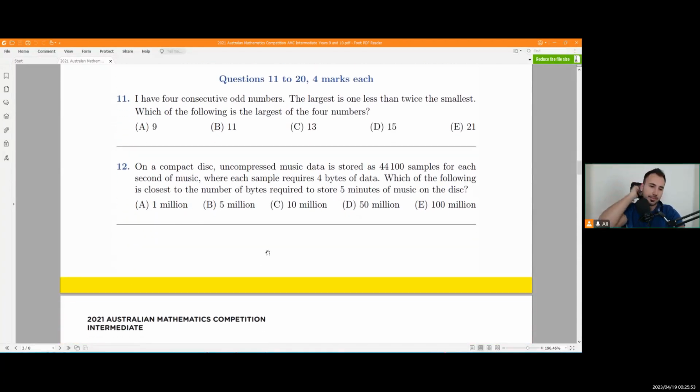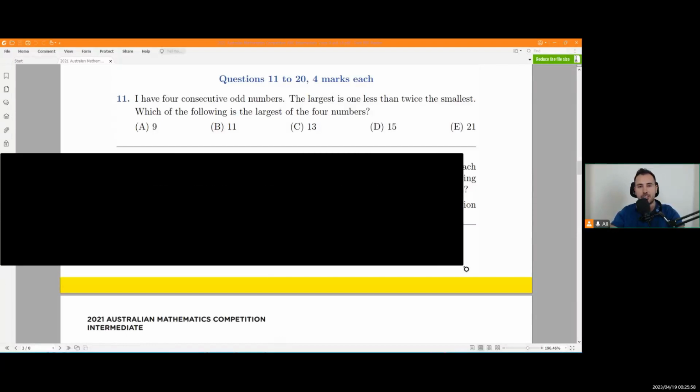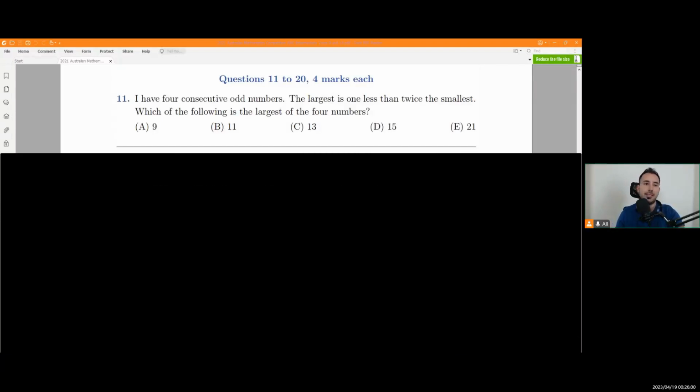Okay, question 11. Now that we are at question 11, we could expect the question to be slightly more challenging. I have 4 consecutive odd numbers. The largest is 1 less than twice the smallest. Which of the following is the largest of the 4 numbers? If you are a non-native speaker, you will have a problem with this word.